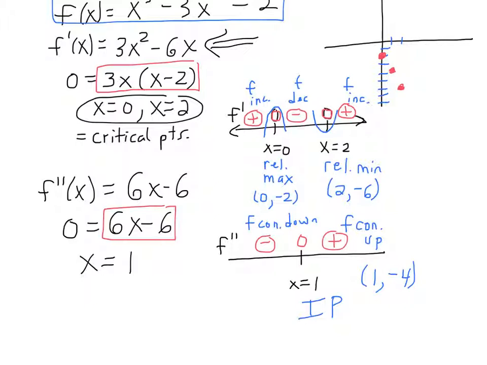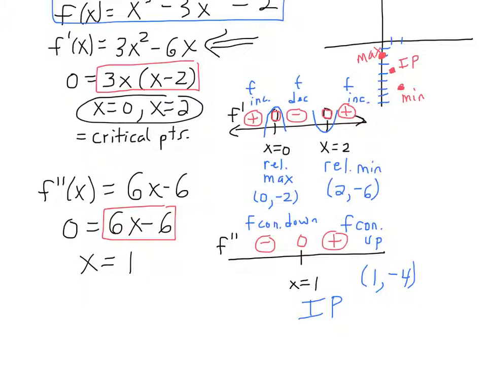So to put these pieces all together, I'm going to just label this IP for inflection point. This was a relative max and this was a relative min. So let's grab a different color here. We have to use these two sign diagrams to help us put these pieces together and draw this function.